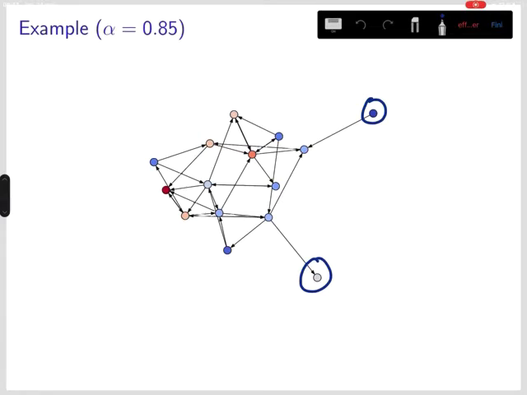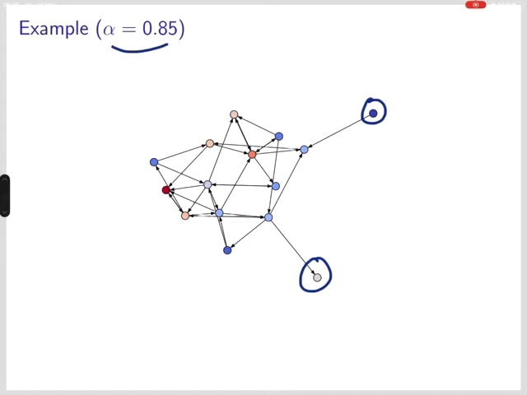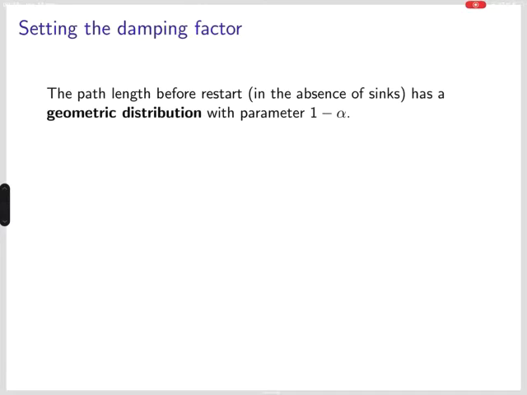But of course, the solution depends on this parameter alpha, which is known as the damping factor. It's interesting to have a look at the default value, which is 0.85, which was proposed originally by Google's founders.